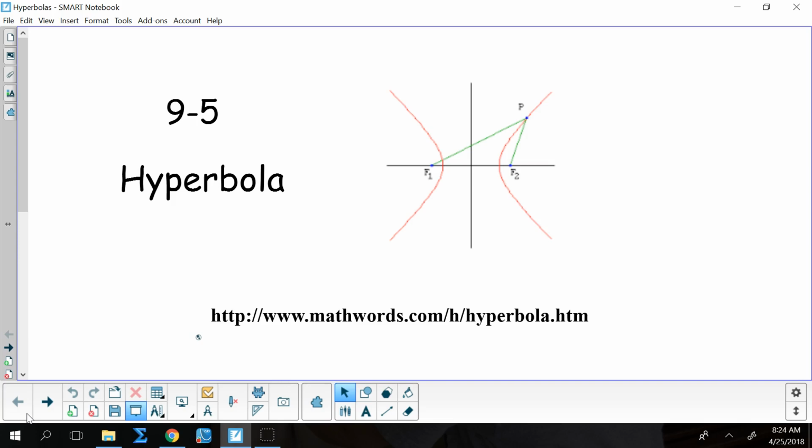Okay. Alright, so last of the four conic sections today. Hyperbolas are probably the most involved ones of them, but you know all the stuff already that goes into them.